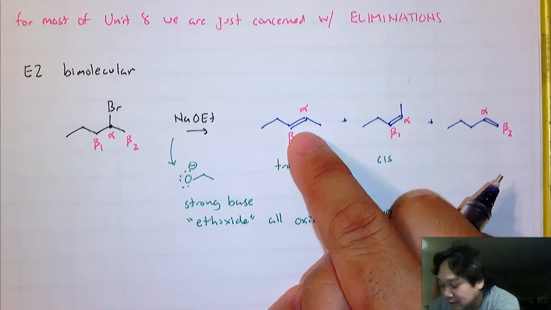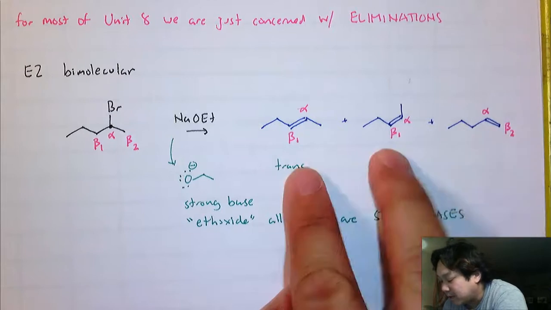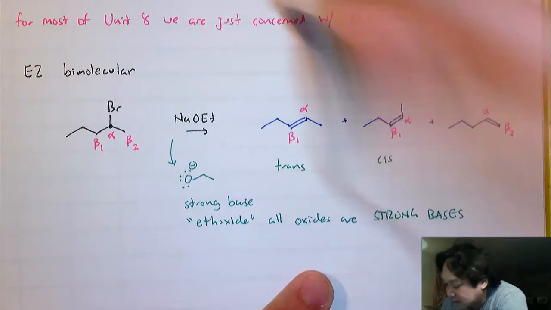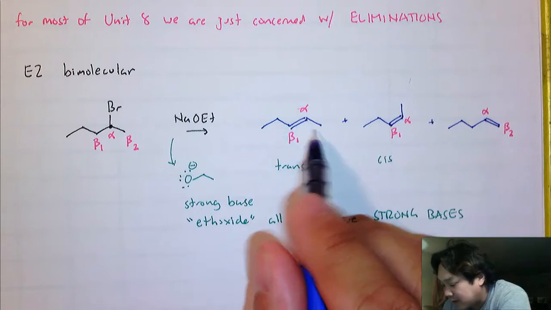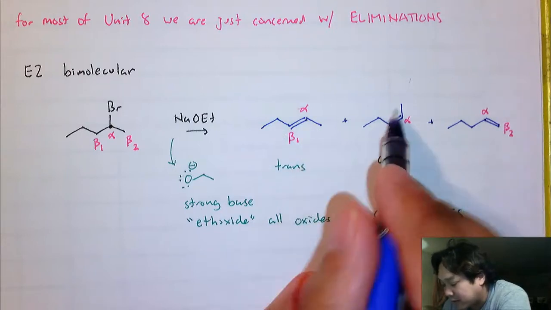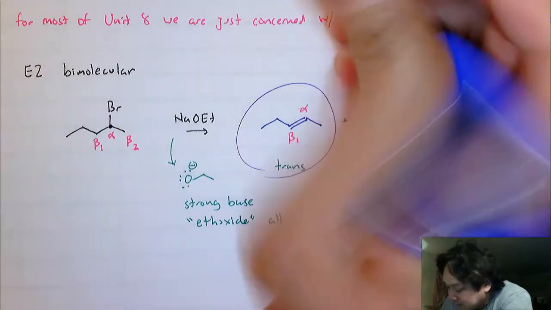Okay, so di-substituted is the winner, but between these two di-substituted alkenes, trans is more stable because you don't have steric bumping between groups that are kind of close together in the cis version. This is the major product.